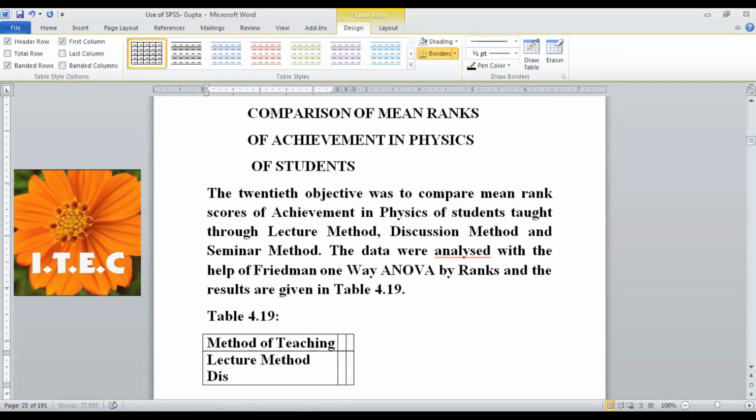Here is discussion method. And here is seminar method.